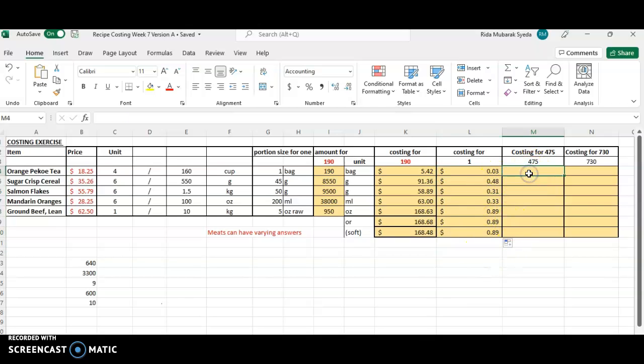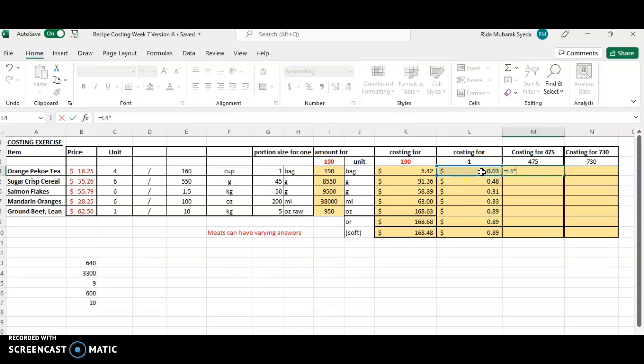Alright, for this one, we need to find the costing for $4.75. And so we just need to take this amount, which is for 1, and multiply it by this number to get the price for the costing for $4.75. So let's do that.